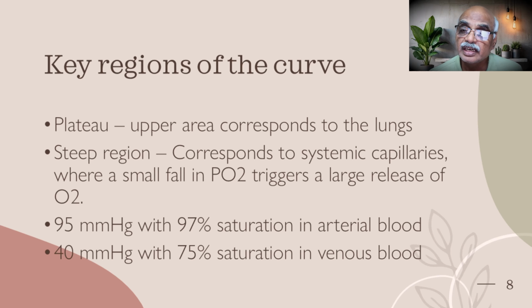For example, 95 millimeters of mercury with 97% saturation is ideal in arterial blood. I repeat again, 95 millimeters of mercury pressure with 97% saturation is seen in the arterial blood. Whereas 40 millimeters of mercury with 75% saturation is seen in the venous blood.